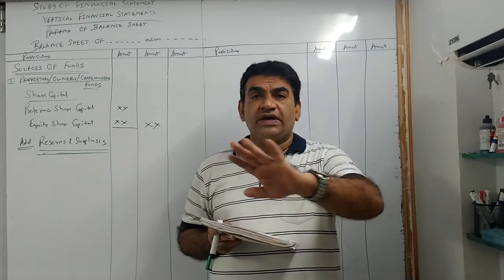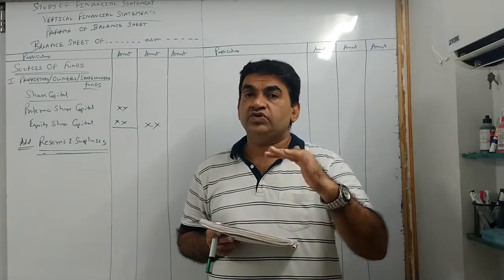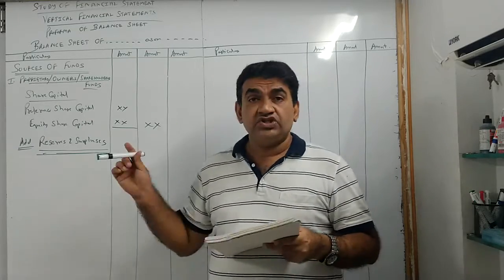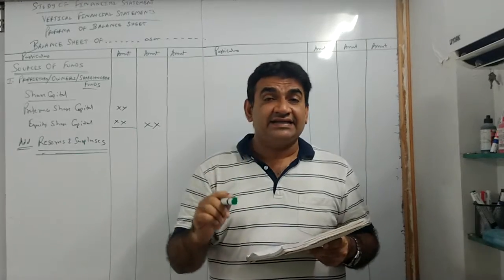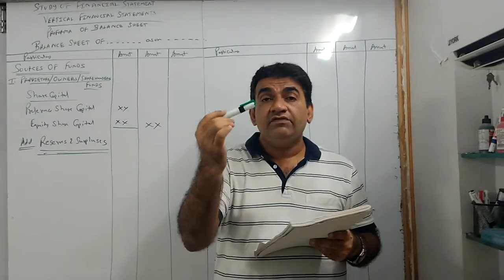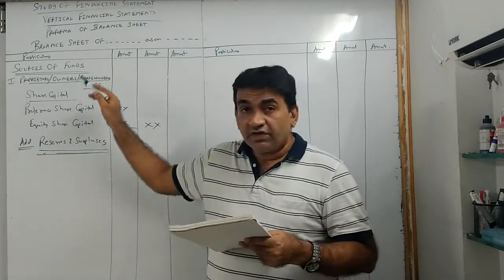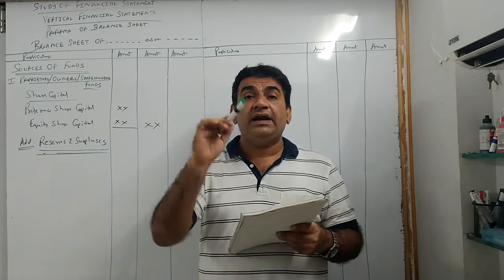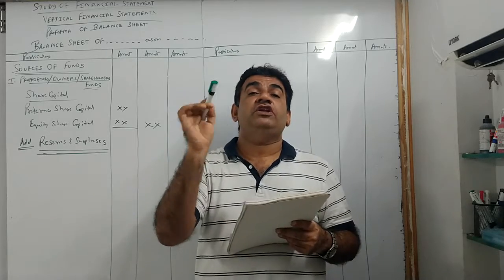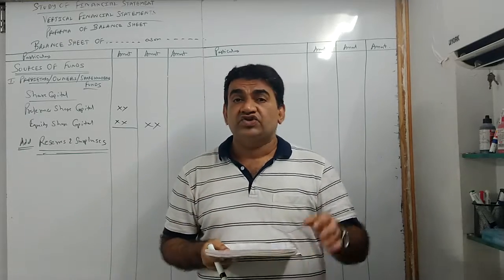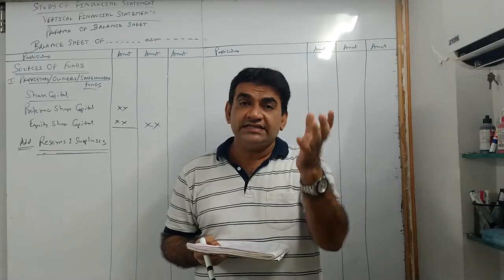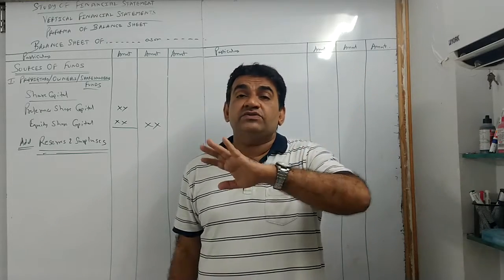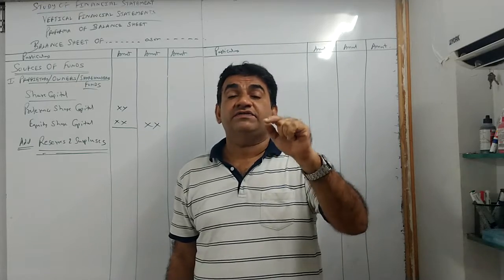As far as your SYBAF syllabus is concerned, you are not supposed to go into that, because this is from a company's point of view and not as per the Companies Act. It is just an informal presentation, not a legal format. The legal format you will study next year when you come in TY. So you are just supposed to know that these are examples of reserves. Again I repeat, reserves means money kept aside for a specific purpose.